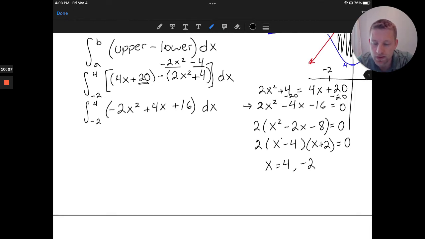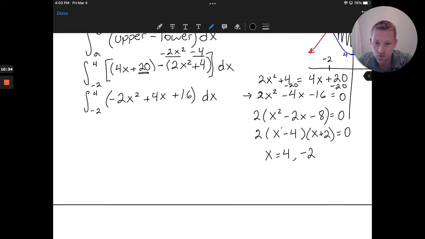Now we get to just consider an antiderivative of this function, and then we'll consider the evaluation. So antiderivative first, we can say this will be negative 2x cubed divided by 3. 4x becomes 4x squared over 2.